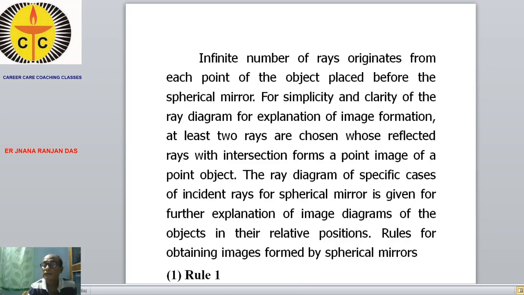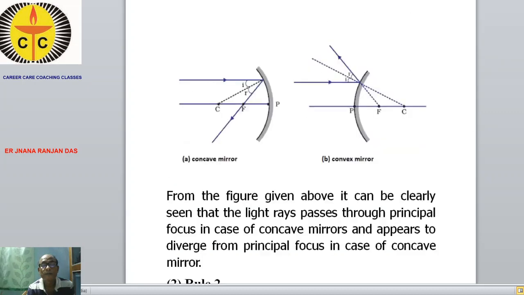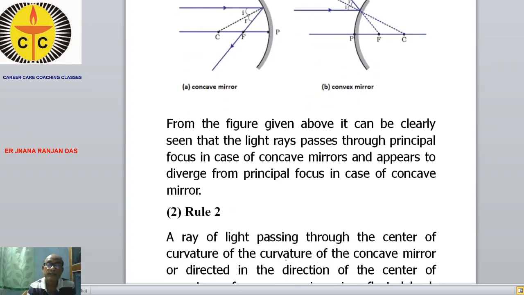See the second rule. A ray of light passing through the center of curvature of the concave mirror is directed in the direction of the center of curvature. See here.